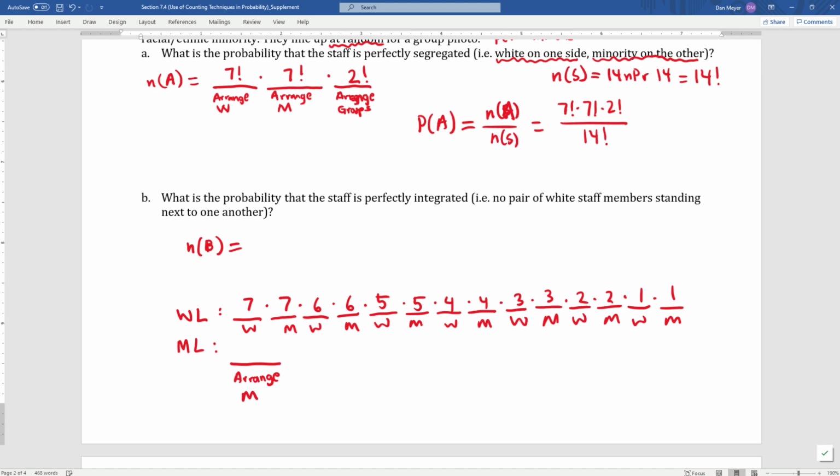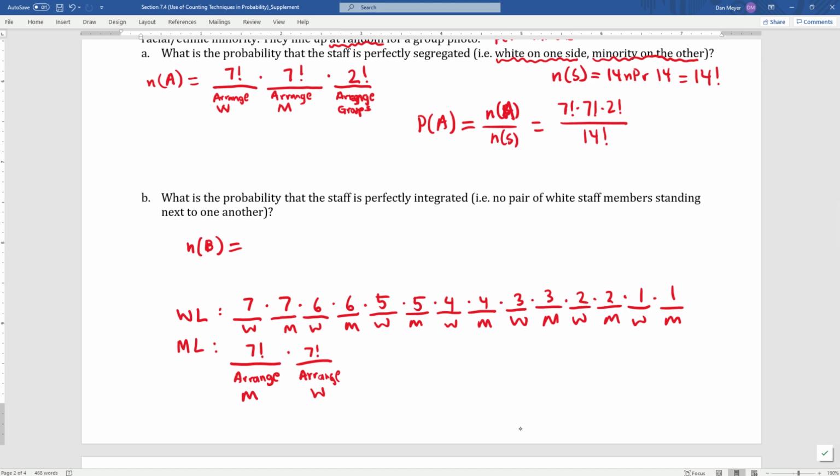There's 7 factorial ways to arrange the minority, and then another 7 factorial ways to arrange the white staff members. Once we arrange them both, then we're just going to shuffle them. So we arrange them individually first and then just shuffle them. I have no other way of describing it other than to shuffle after the arrangement.